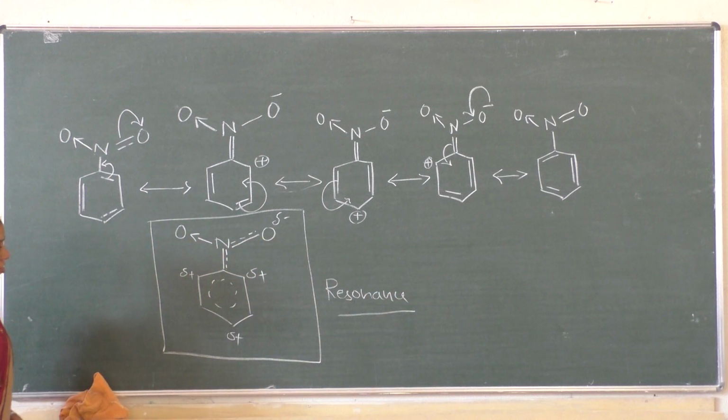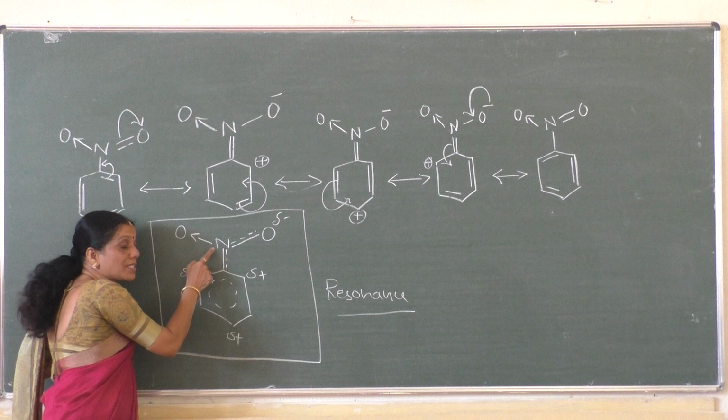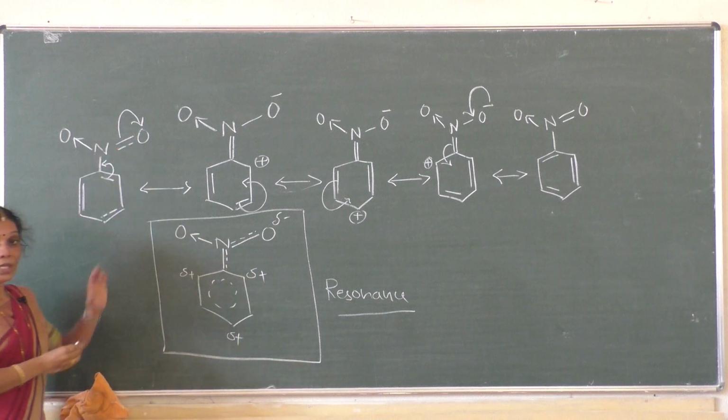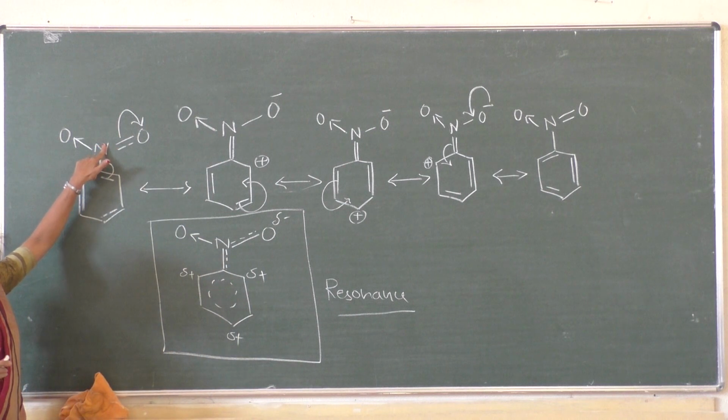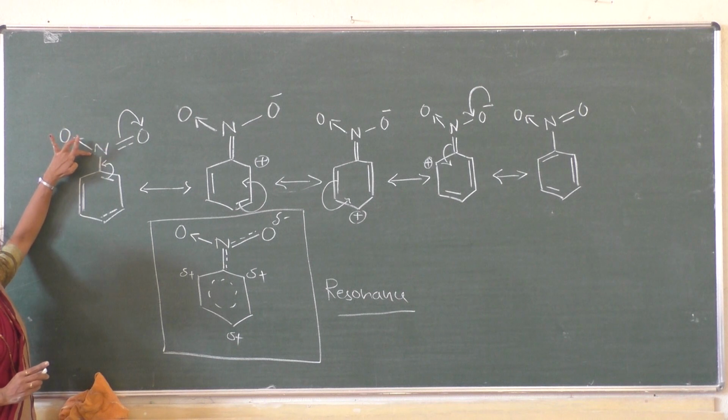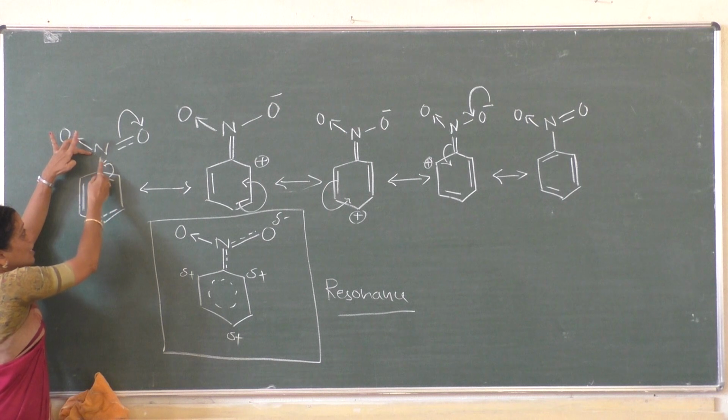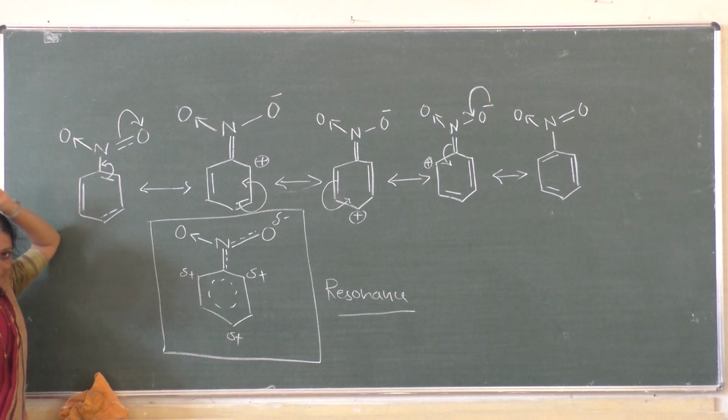Resonance hybrid structure. Okay, this is a resonance hybrid of nitrobenzene. You can see here, because of the presence of the NO2 group, this nitrogen atom of the NO2 group is in a positively charged state, that means an electron deficient state, so it has a high tendency to withdraw electrons from the benzene ring.